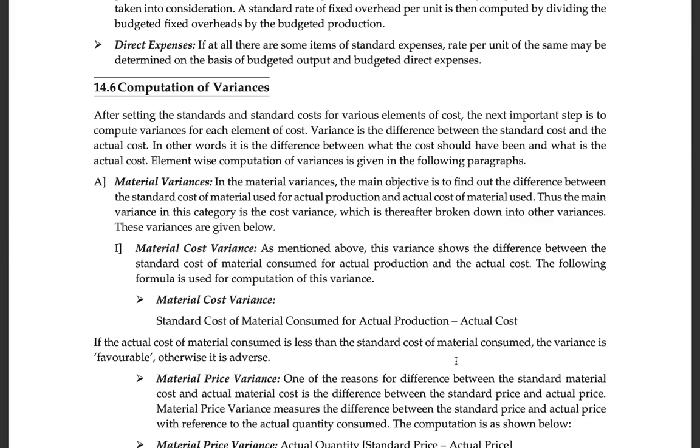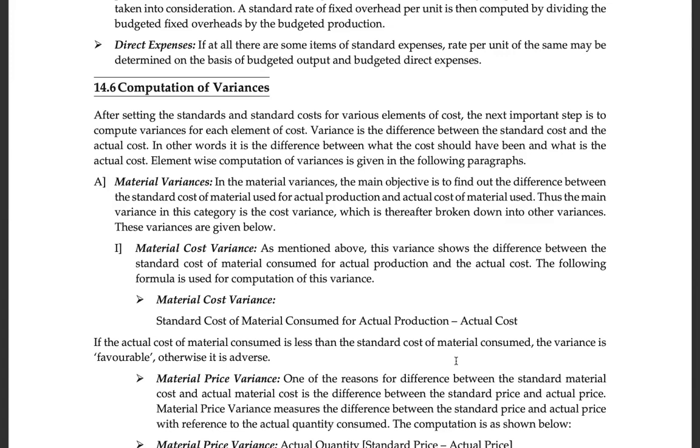But contrary to that, in case of sales variances, if your standard sales are more than the actual sales, then you're not doing good. Your actual sales should be more than the standard.